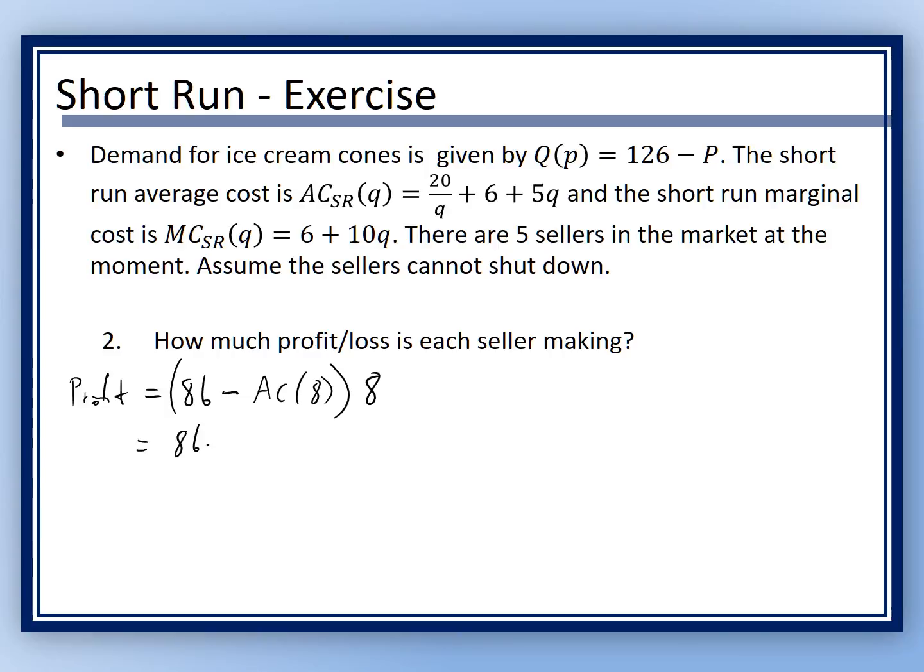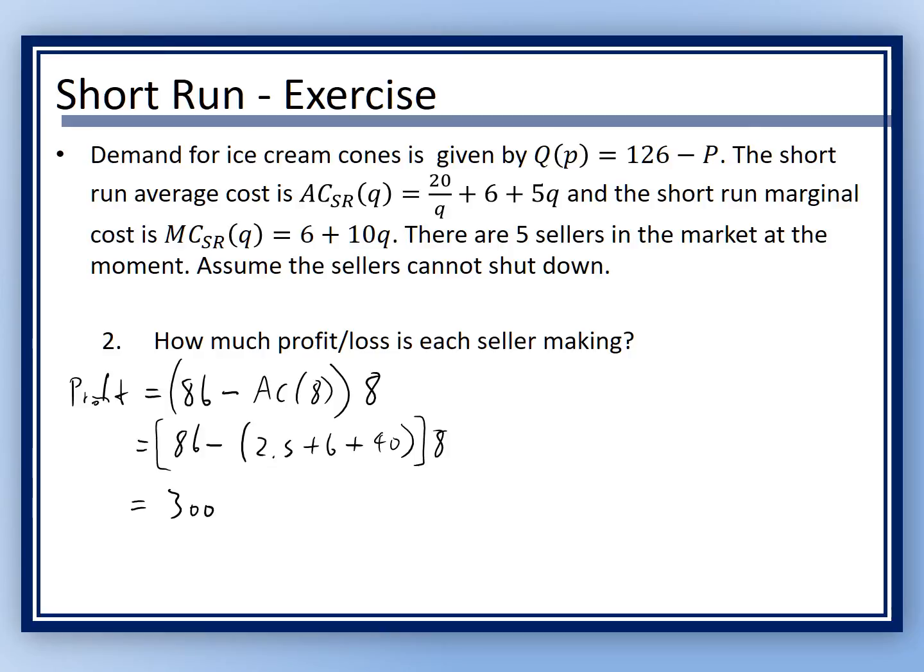So that's 86 minus 2.5 minus 6 minus 40, times 8. Something of 300. All right, so they're making $300 of profit each.